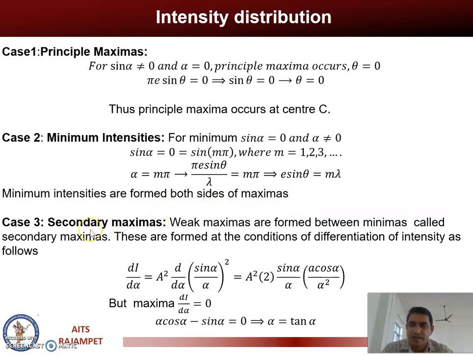And case 3, secondary maxima. Weak maxima are formed between the minima, called secondary maxima. These are formed at the condition of differentiation of intensity as follows.